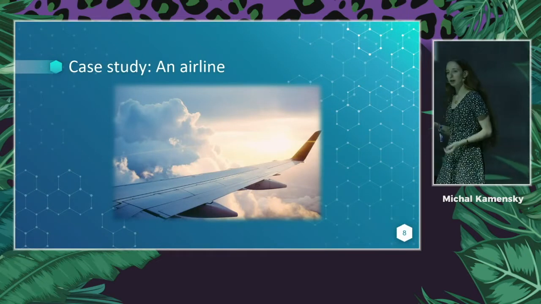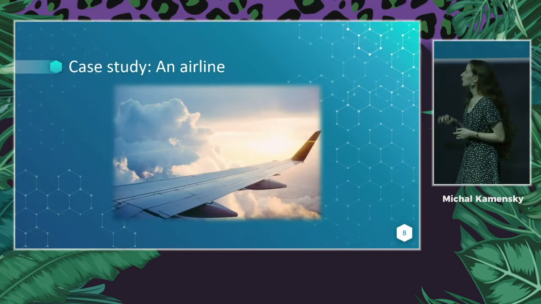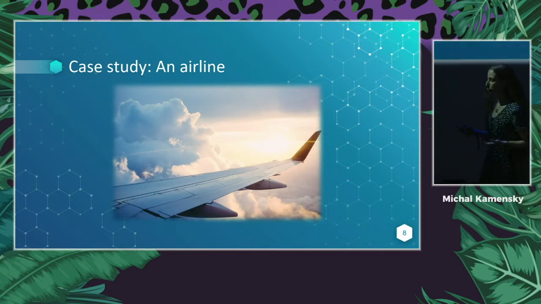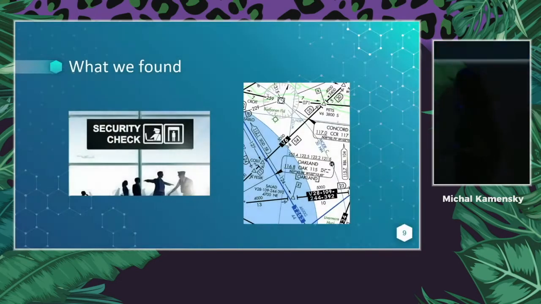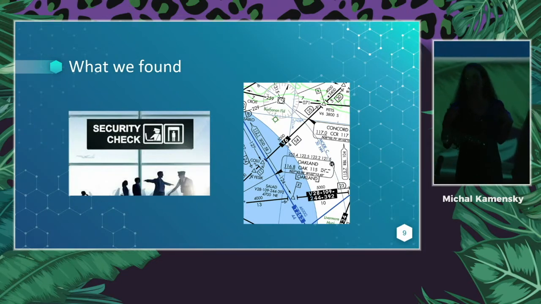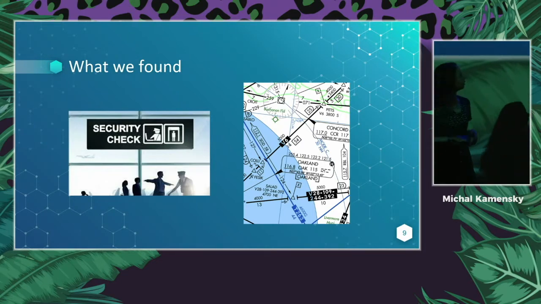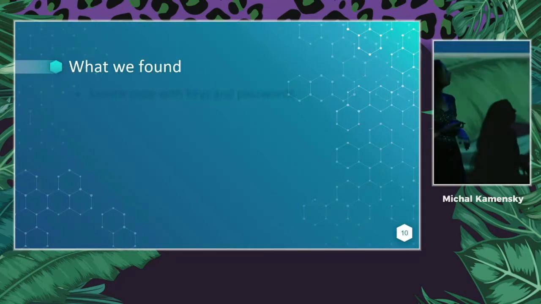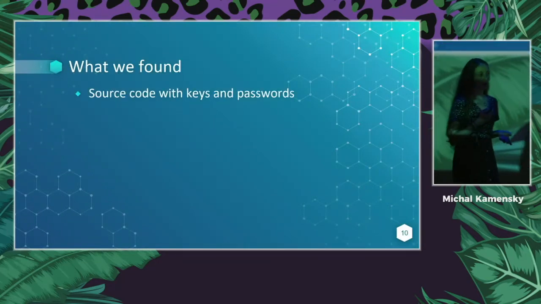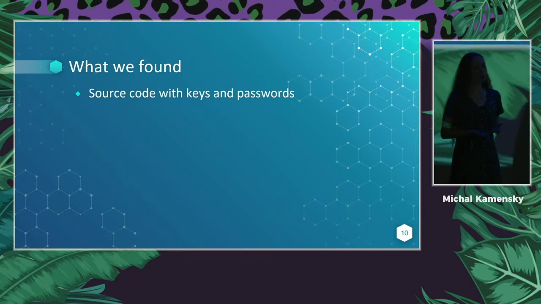So the first case study I want to talk about is this airline. They left their bucket open on the web. And what did we find in there? There were many, many terabytes of files. For example, there was source code with passwords and keys.